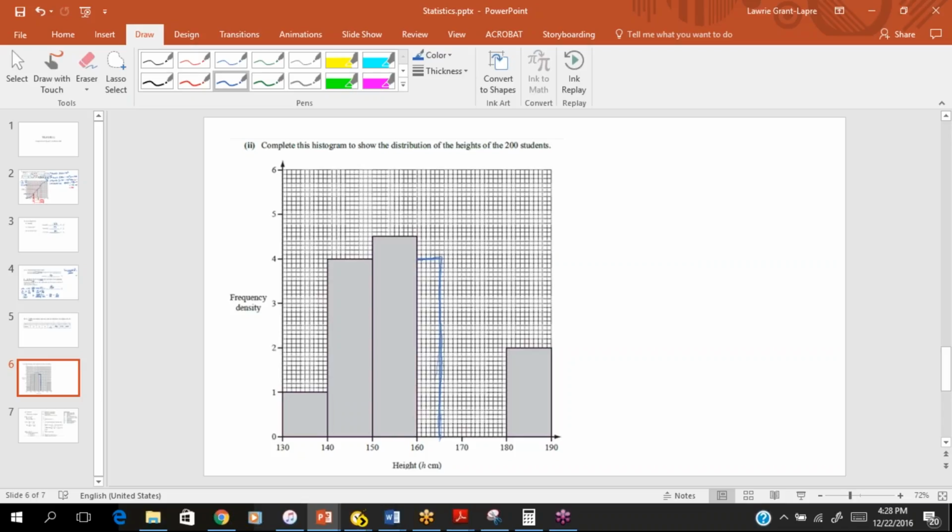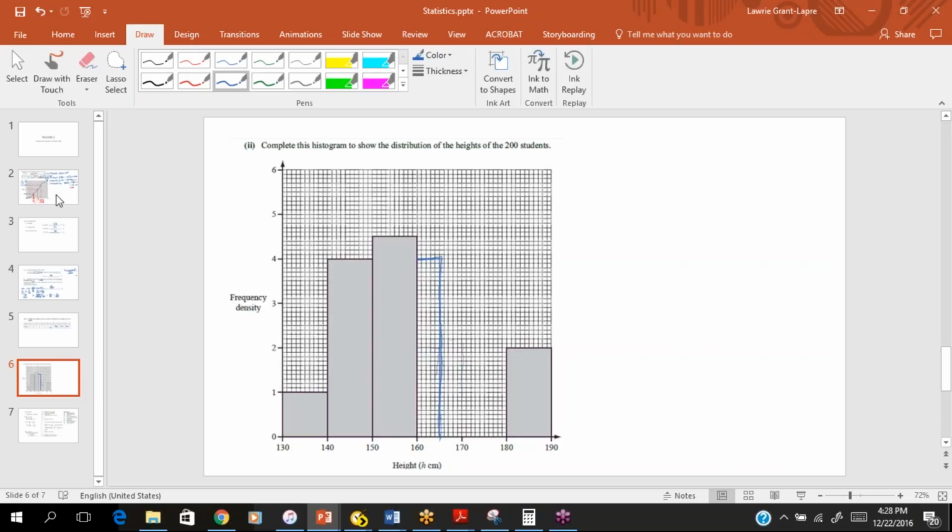If that was 20 for a whole, you would have the same area. So if it was across one whole group, if it was just 10, a group of 10, it would go across from 2, 20, down 10. And you see, if you take that and split it up into 2, that's your frequency density. It still has the same area, you see.